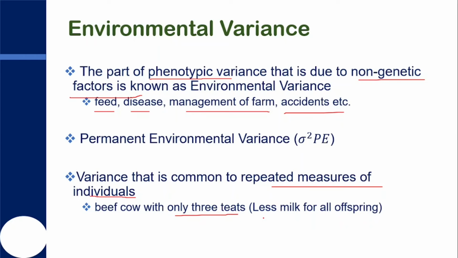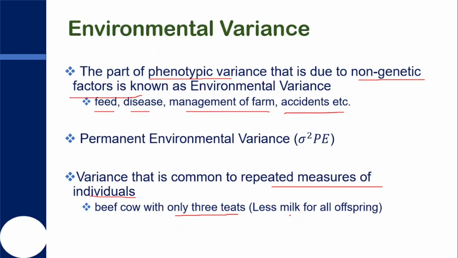The beef cattle that has only 3 teats will produce less milk, and less milk will be available to its offspring. So the growth of all of its offspring will be compromised.